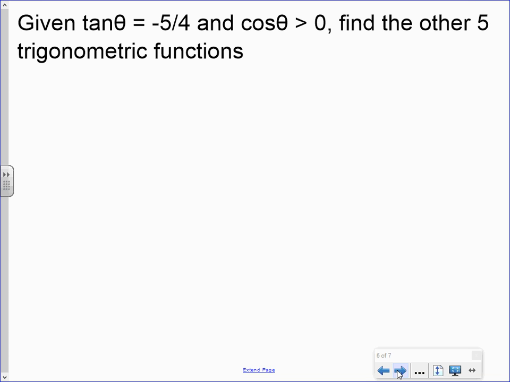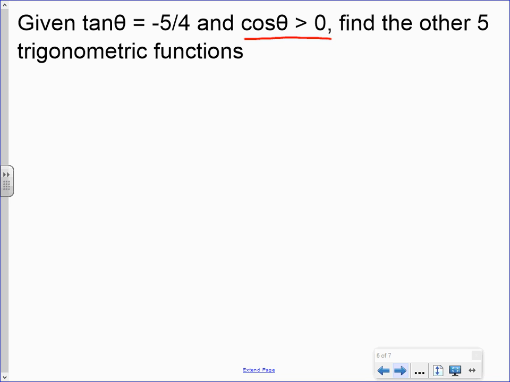But if we only had tangent as negative 5/4, it could be in the fourth or the second, okay? So tangent is negative in the fourth and the second. But saying that cosine is positive, only the fourth quadrant has cosine positive and tangent negative.